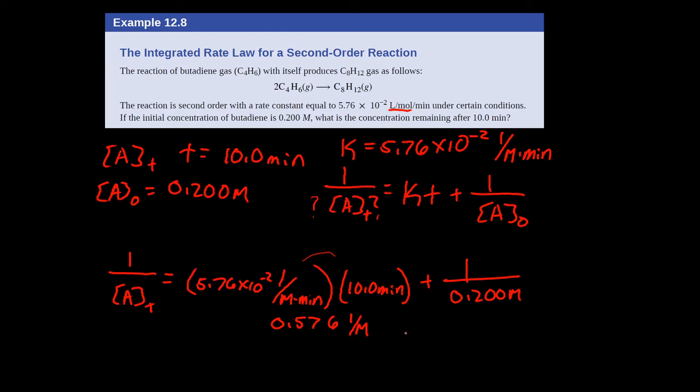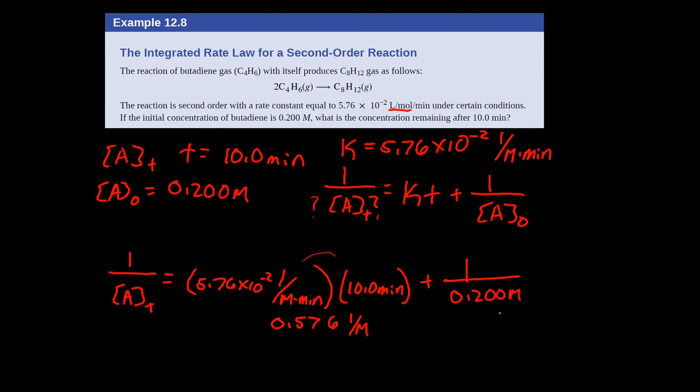Let's see, we still have plus 1 over 0.2 molar here. Believe it or not, those units actually work out, as you can see there, because this is 1 over molar and that is 1 over molar as well. So we can actually just take the 0.576 and add to that 1 over 0.2.